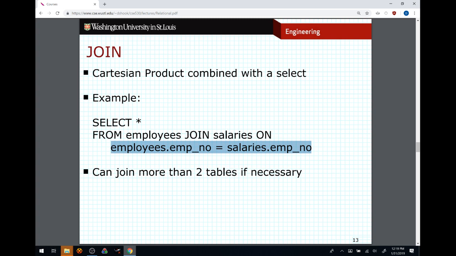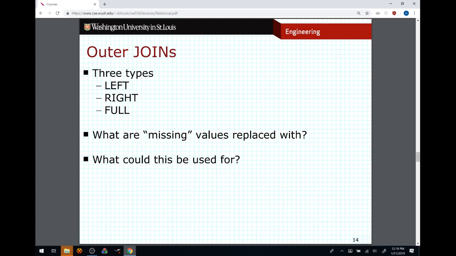I think an outer join, really what it does is it lets you see really clearly what values don't have a match. So if we use the employees example, if this is the employees table and this is a salaries table, this would let me see employees that don't have a recorded salary in the system, which would seem unusual, right?